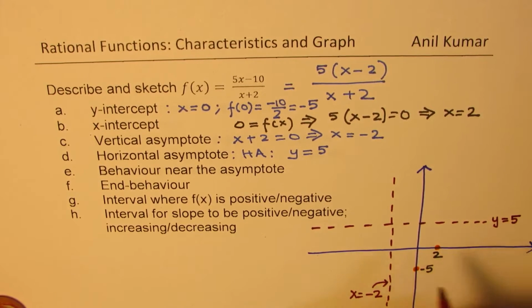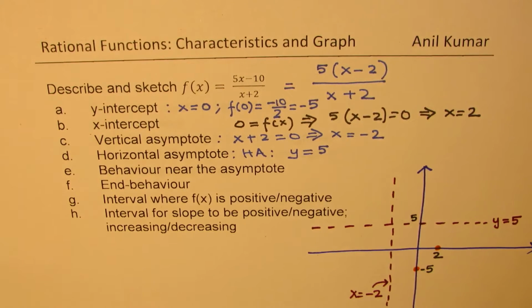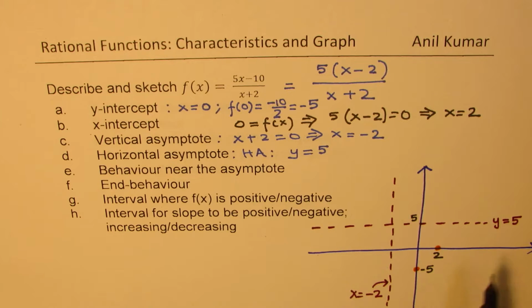So y equals 5 is your horizontal asymptote. So we kind of get a framework here. Now looking at the function and all these points, we get an idea how the graph will really look, correct?